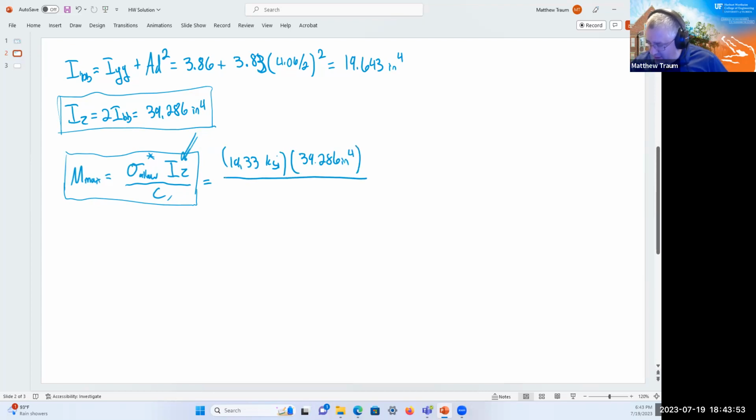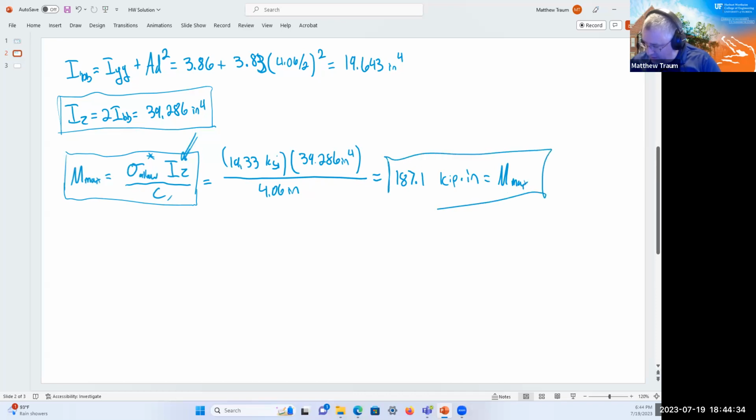And then that C value was 4.06 inches. And if I go through and calculate all these values, put them all together, multiplication, I end up with 187.1 kips multiplied by inches, which is my maximum couple that I can put on that particular shape. So that's the answer to that one.